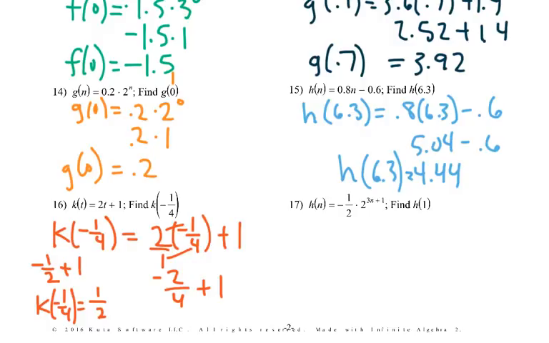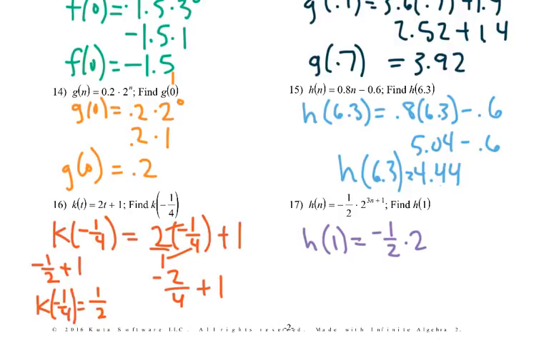Alright, now looking at number 17. h of 1 equals negative 1/2 times 2 to the 3 times 1 plus 1. So 3 times 1 is 3, plus 1 would be 4. So that would be to the 4th, right?